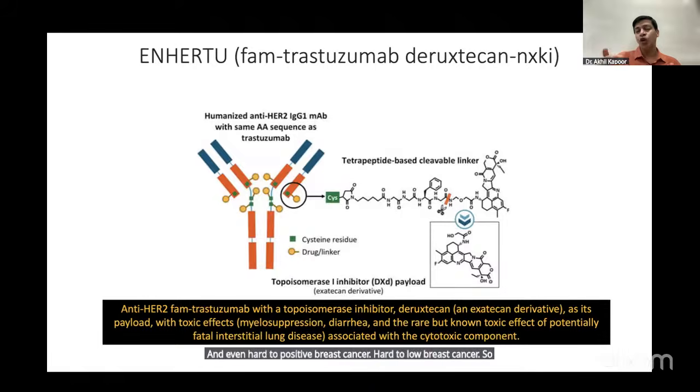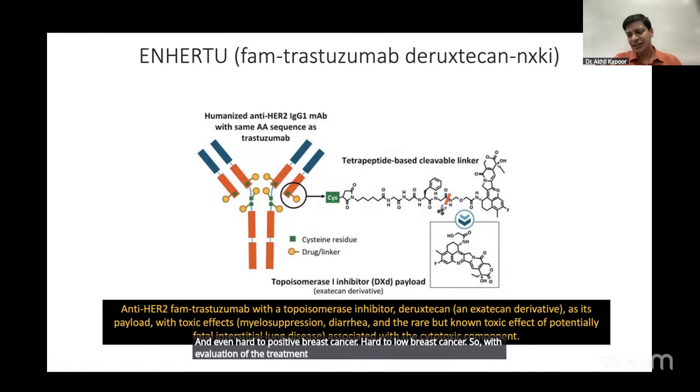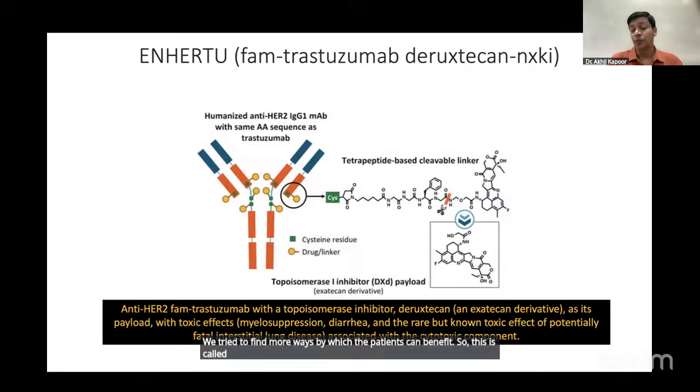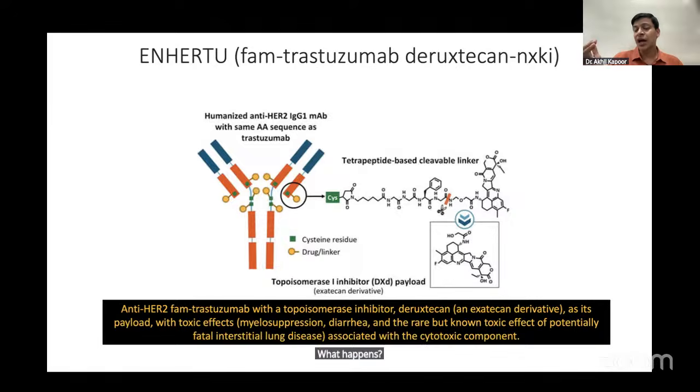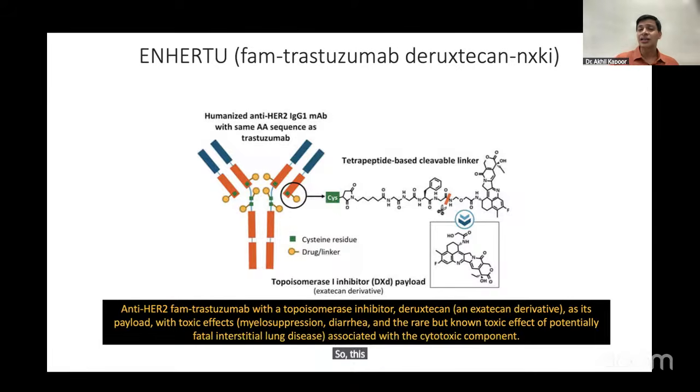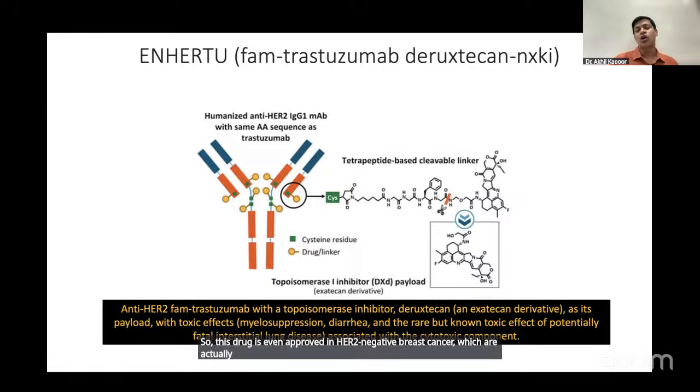With evolution of the treatment, as the treatment gets better, we try to find more ways by which patients can benefit. So this is called HER2 low. Patients who have HER2 1 plus or HER2 2 plus, with FISH non-amplified, are called HER2 low. This drug is effective even in those patients in breast cancer. So this drug is even approved in HER2 negative breast cancer, which is actually HER2 low or HER2 ultra low.